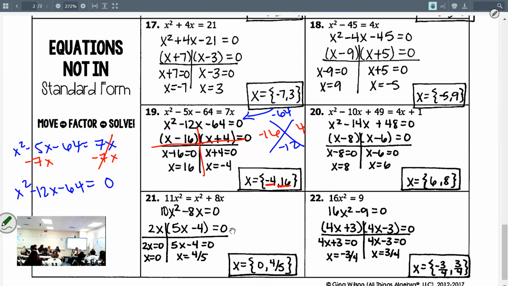So like in the 21, I had to factor by GCF only. And number 22, what method did they use to factor? The difference of squares. So the factoring just depends. We taught you a whole unit how to do that. So just use your flow chart. Any questions?